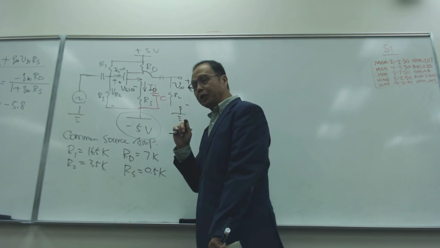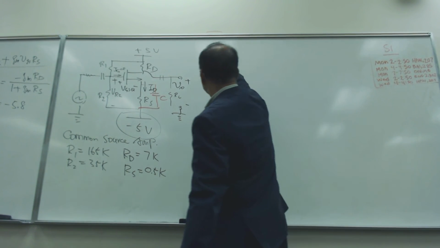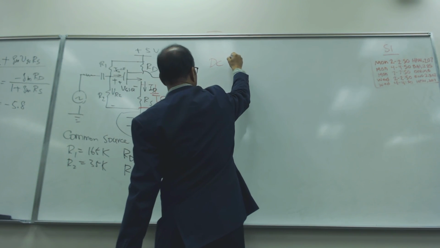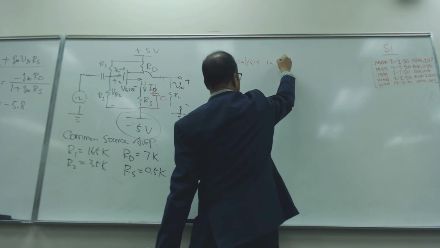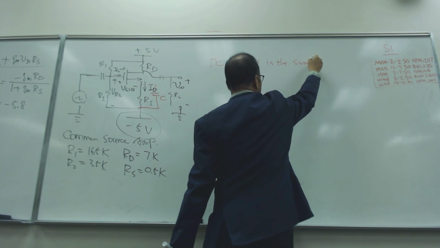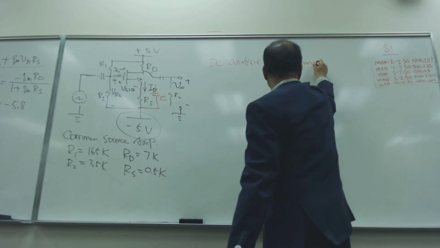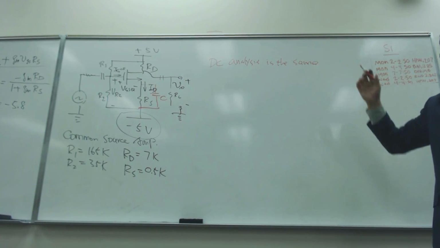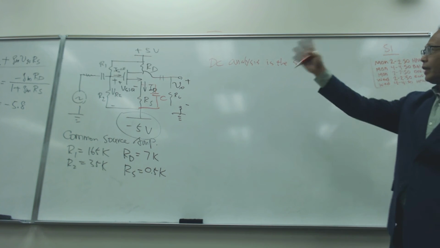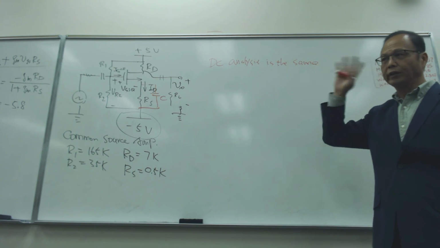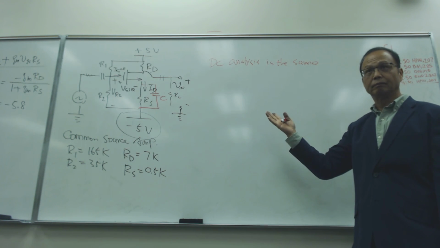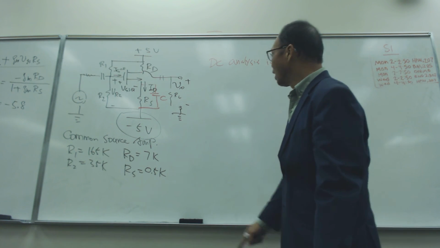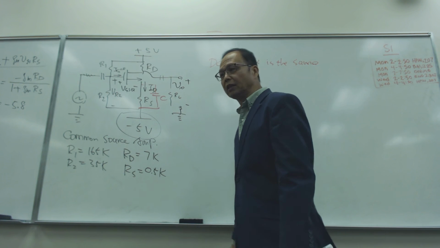So if I put a capacitor here, the DC analysis is the same, right? Agree or not? So all the DC equations we have derived, all the values are not changed, because it's open under the DC condition.